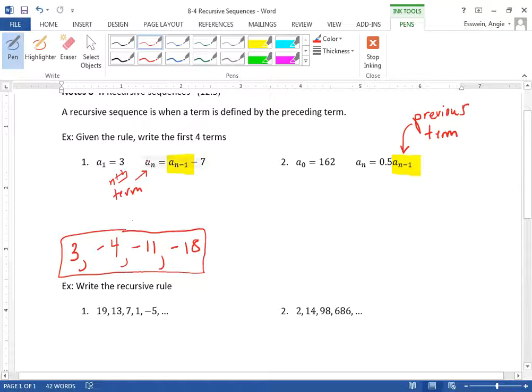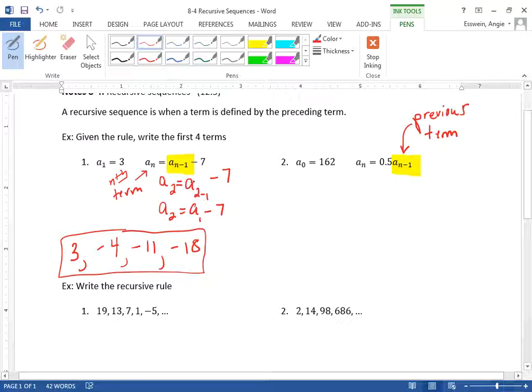And I want to show you that if you plug in n is 1, n is 2, n is 3, that these formulas work. So a sub 1 equals 3. This is kind of what the computer program would do. A sub 2, wherever I see n, I'm plugging in 2. A sub 2 minus 1 minus 7. So a sub 2 equals a sub 1 minus 7.